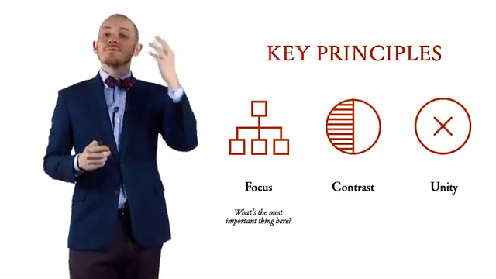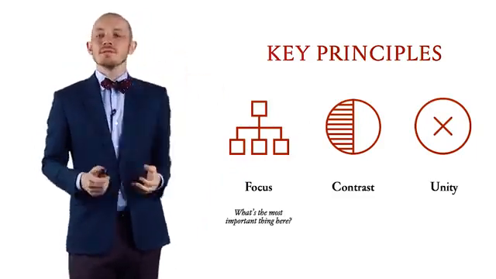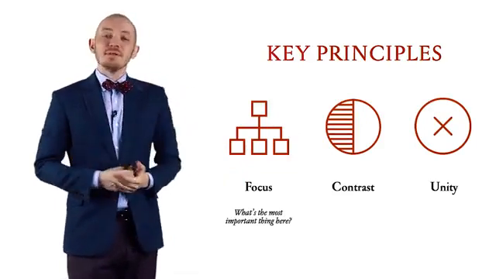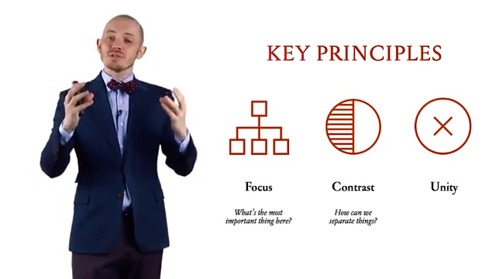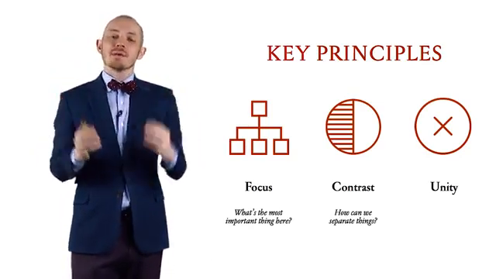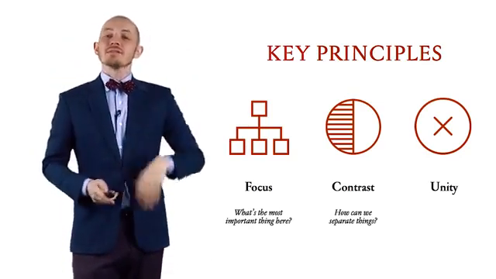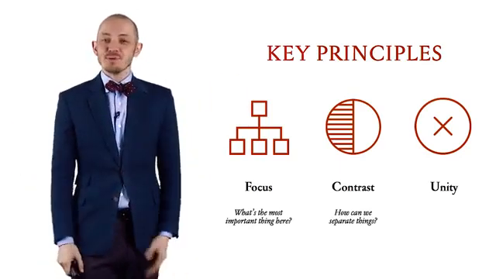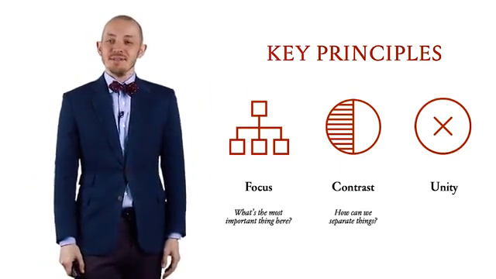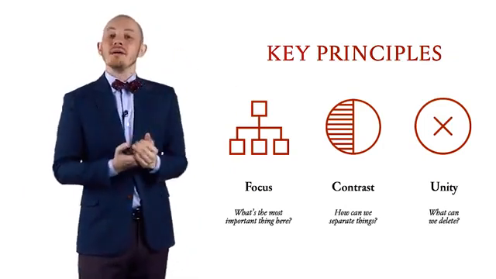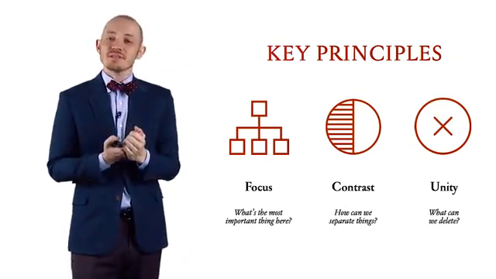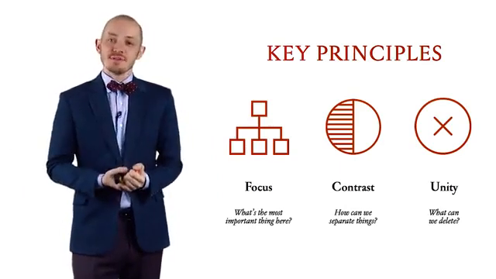We ask ourselves what's more important, what's the second most important, what's the third most important. Then we create those contrasts between headers, subheaders, and main body text. And well, here we have almost nothing to delete, so this part doesn't quite work. But the hierarchy and contrasts are key to this part.